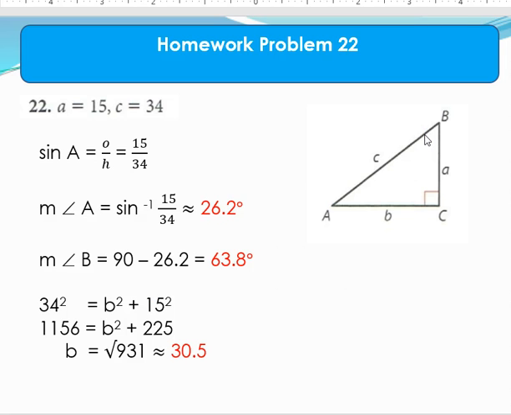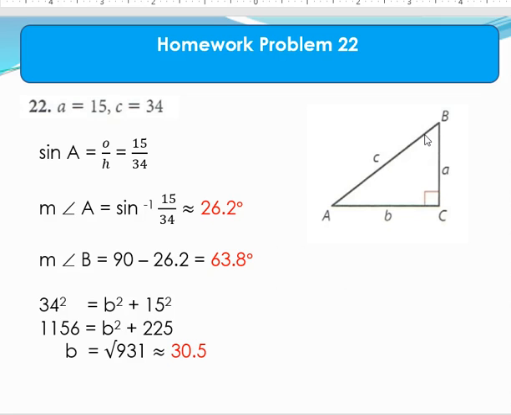Last demo problem will be number 22, worked exactly the same way as example 16. So we have a triangle, and this triangle should look familiar. This is the basic triangle we use for our formula. They tell us, though, about values that were given.